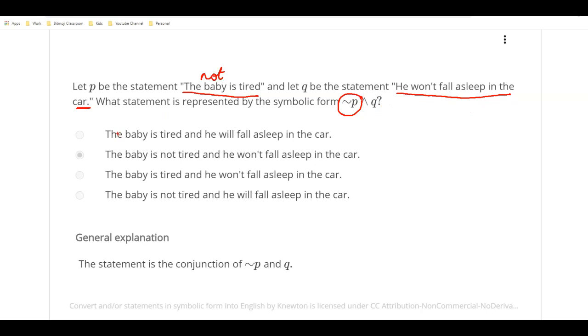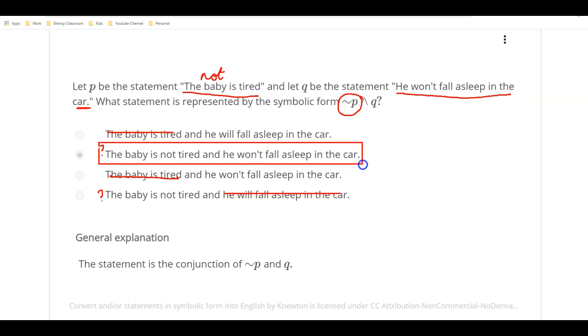The first one says the baby is tired. Nah, I don't want it. This one says the baby is not tired. Okay, I'm going to come back to you. Yes. And what does it say? He won't fall asleep. Here it says he will fall asleep. So this is not my option. My only option is the baby is not tired and he won't fall asleep in the car.